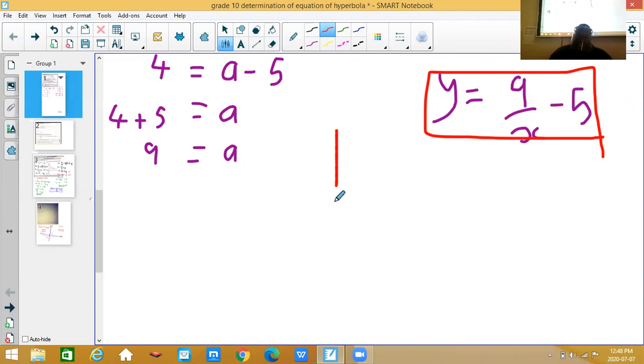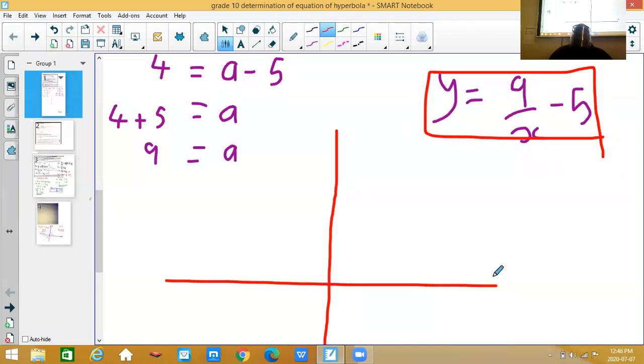So in this case, let us just do what we did yesterday of sketching, because you remember yesterday we were given an equation of the hyperbola and we're required to sketch it, right?